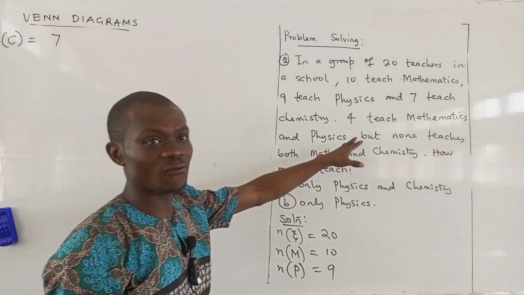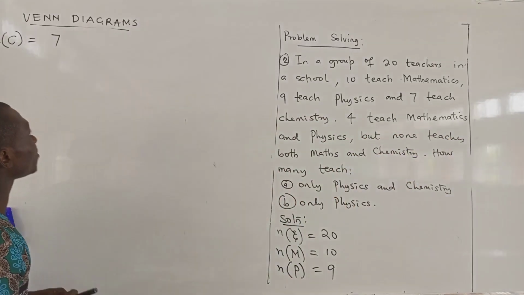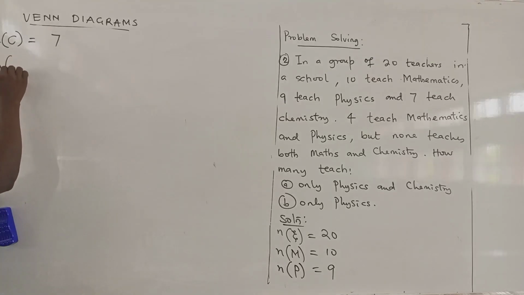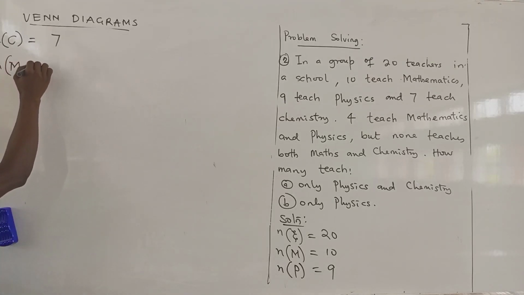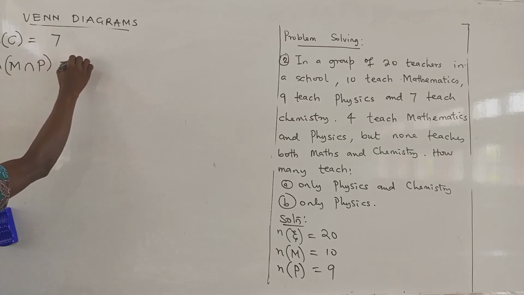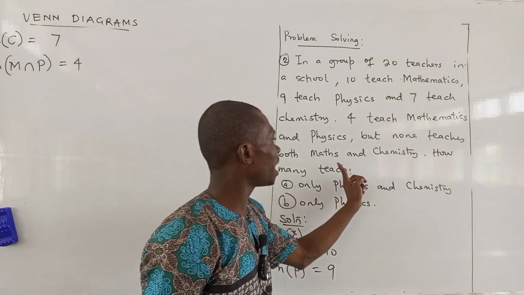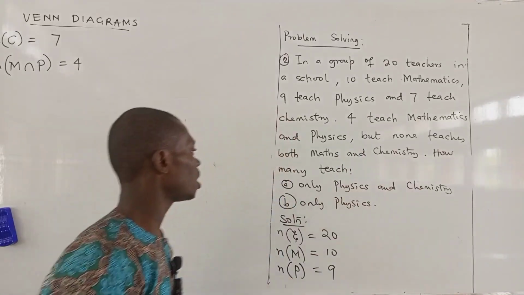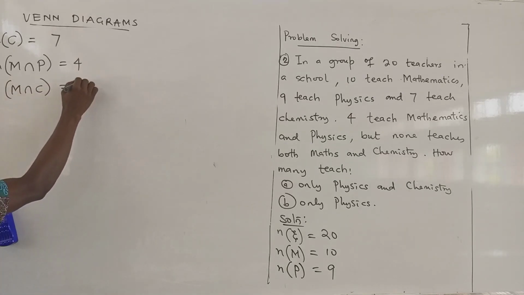Now, the other information says that 4 is teaching maths and physics. So the number of teachers, remember maths and physics again now is M intersection P. So they said 4, and then we have none is teaching maths and chemistry. Okay, that means the intersection of maths and chemistry is an empty set.